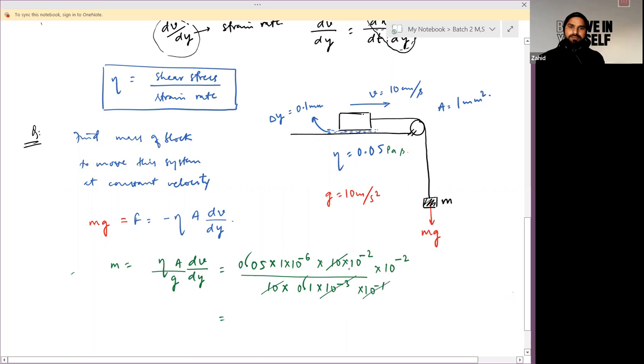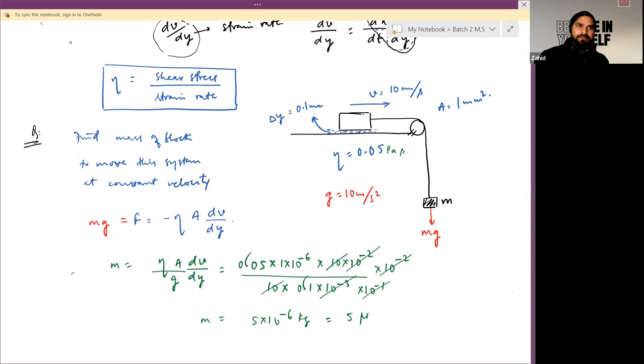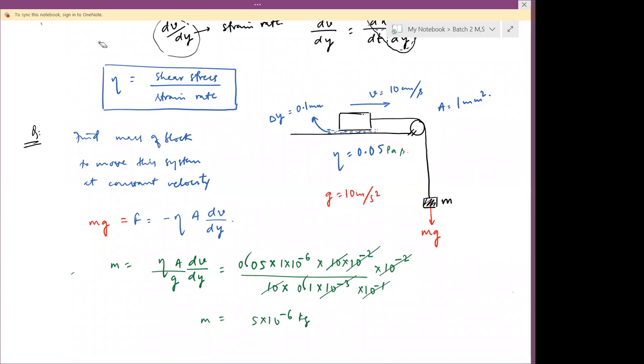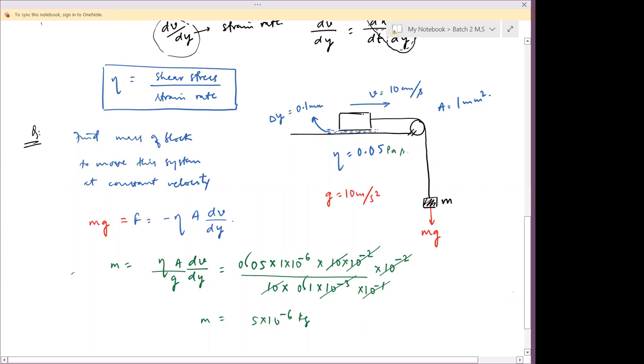So this term will cancel out, and you'll get 5 × 10⁻⁶ in terms of kg, or you may write it as 5 milligram. Is it clear? Asma, any doubt?